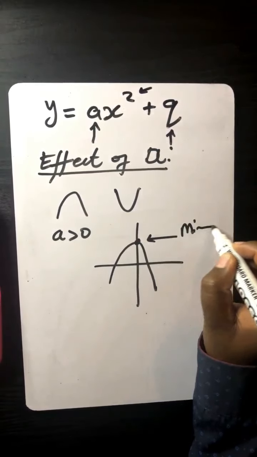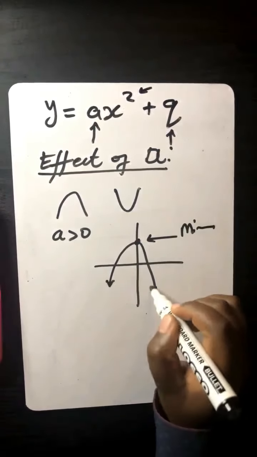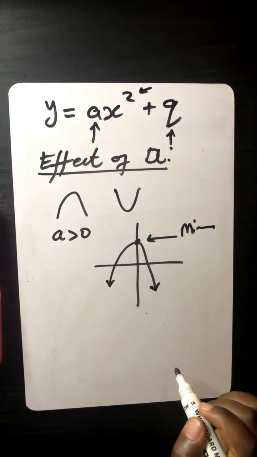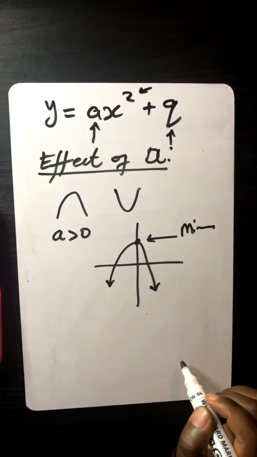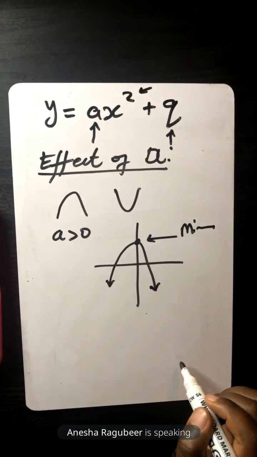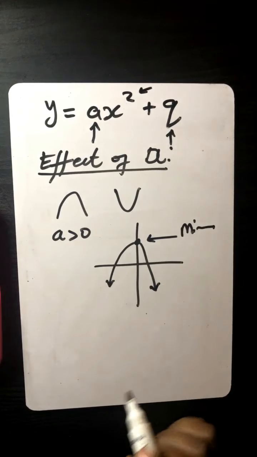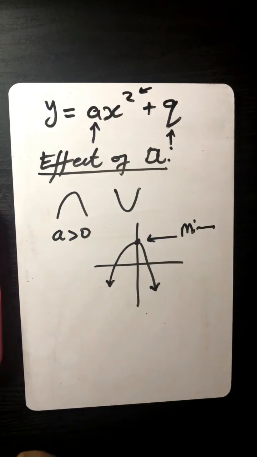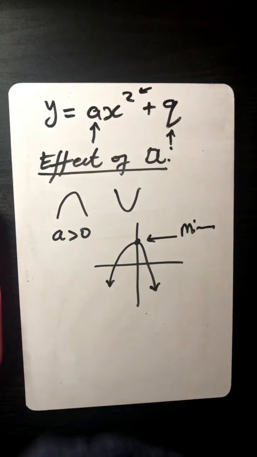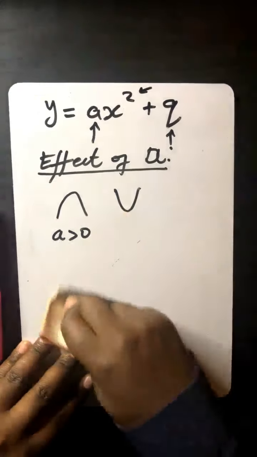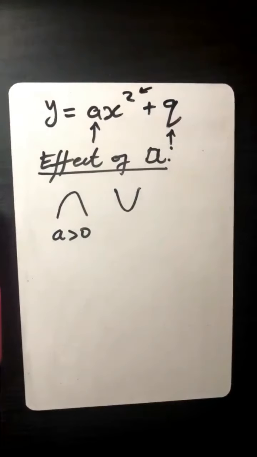Or let me make sure I'm getting everything as explained. No, I think I made the opposite. Yes, Rias, you wanted to say something? Isn't it supposed to be the first one? A is smaller than 0. Yes, you are right.